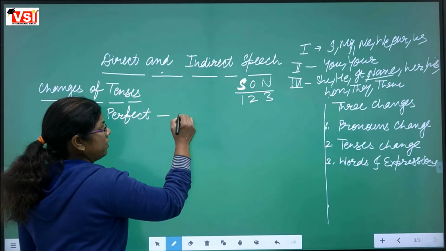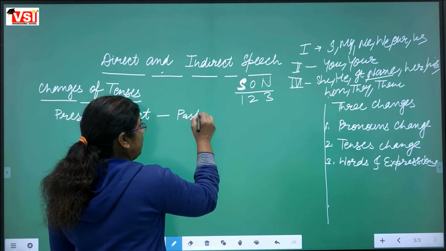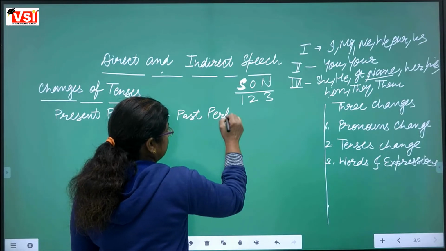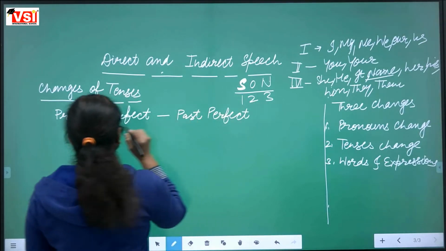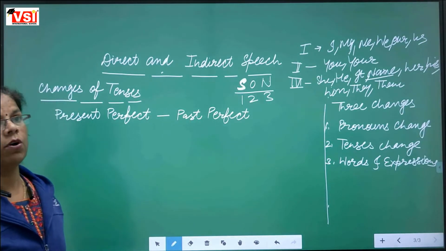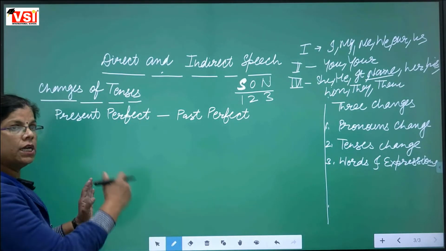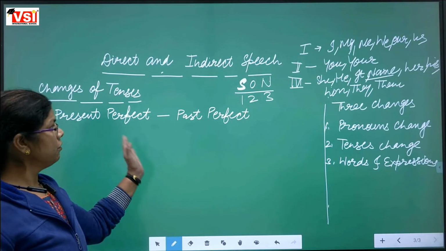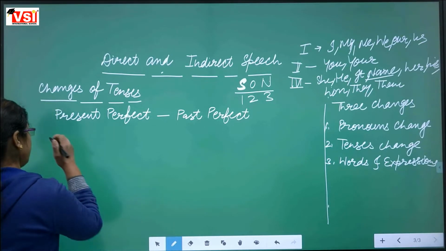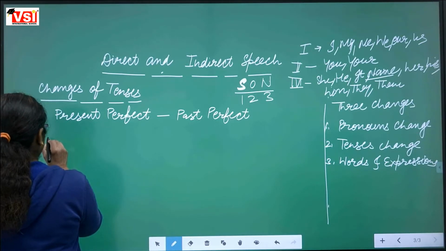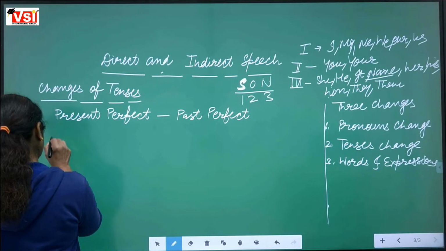Present perfect tense is changed into past perfect tense. First we will see what is the identification of present perfect tense. So we are writing a direct speech sentence on the board. Fine.